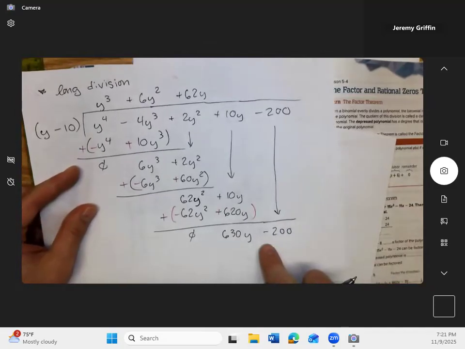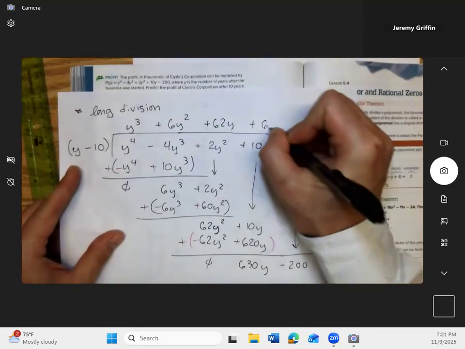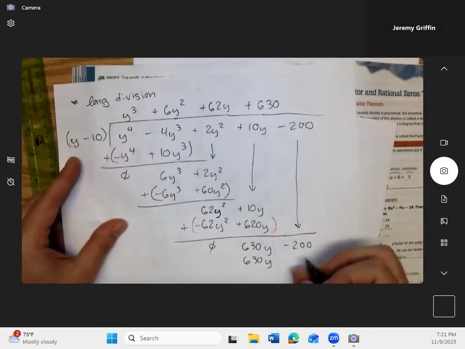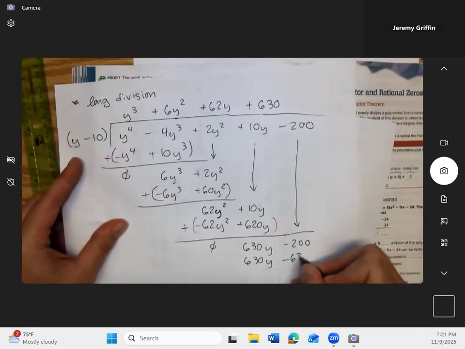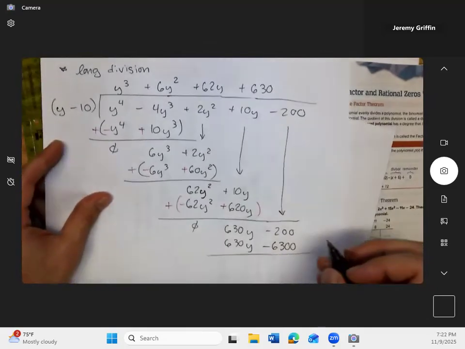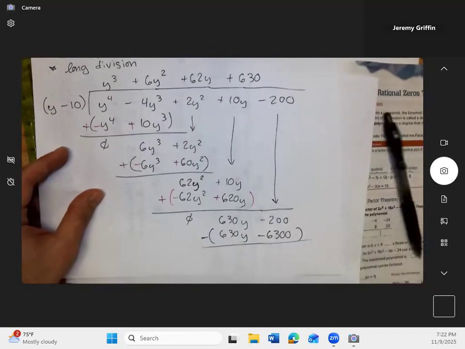Okay. So y goes in, this would be plus 630 times 630y, then minus 6,300. And we're getting down to the end here. So subtract this off.